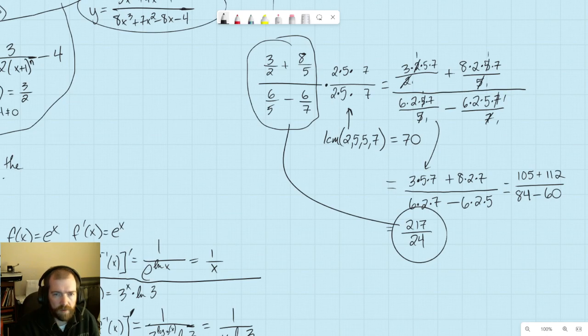So they were all proper fractions. So what to do with your answer after this kind of depends on what the questioner wants. So if you want to know what the mixed number is, you can always do that. In this case, you'd probably want to do long division.